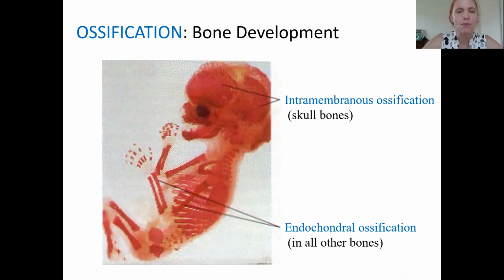Hopefully you remember that from the connective tissue lecture. And then all of the other bones are going to be created by a different process, which is called endochondral ossification. Remember, endo means inside. What does chondro mean? We'll come back to that.